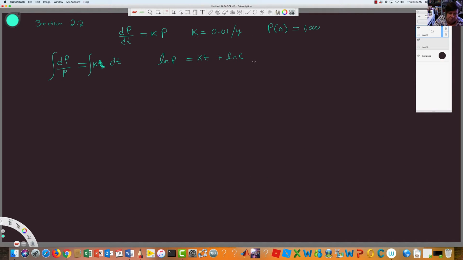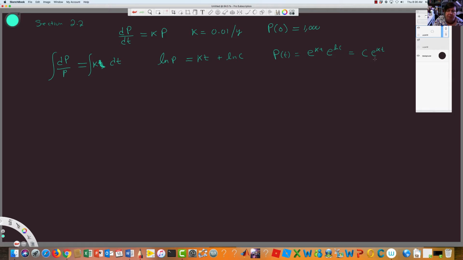Okay, so now, if I take the exponential of both sides, we get p of t is equal to e to the kt times e to the ln of c, which I can just write as c e to the kt. Now I know how the population changes with time.